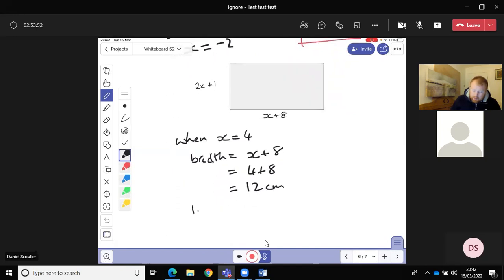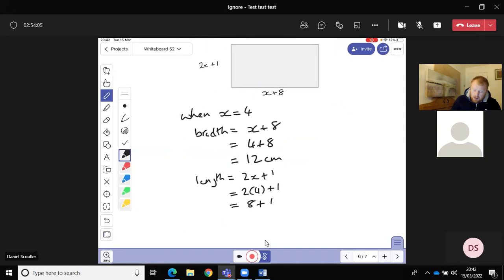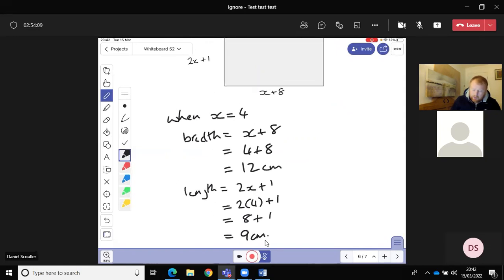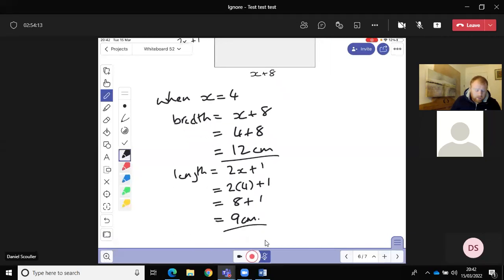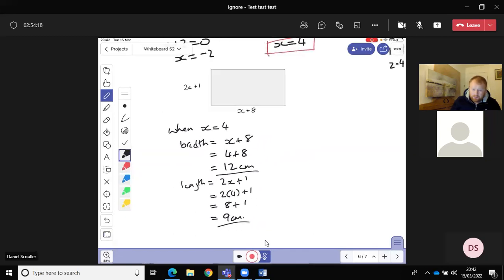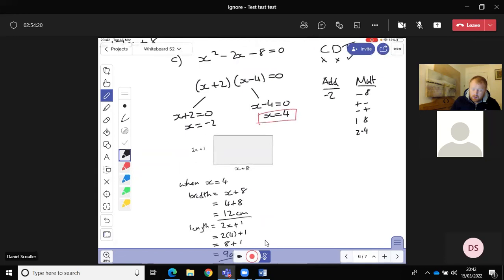And the length is equal to 2x plus 1, which is equal to 2 times 4 plus 1, 8 plus 1, 9 centimetres. Okay, so we've established a length and a breadth. So the answer for this question, what is the solution, would be when x equals 4.